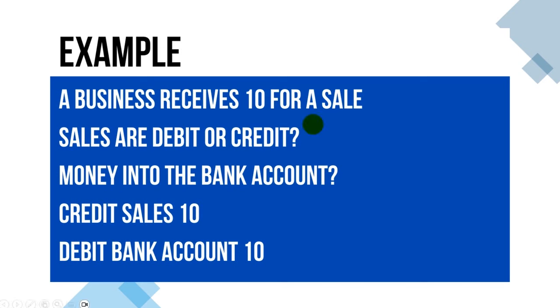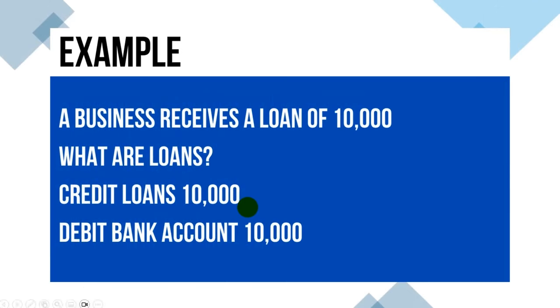There are two things happening. Look at the description. A business receives, that's the first action. £10 for a sale, that's the second action. The business is receiving money and the money's for a sale. We have credit sales and debit the bank account. Let's look at one more example.